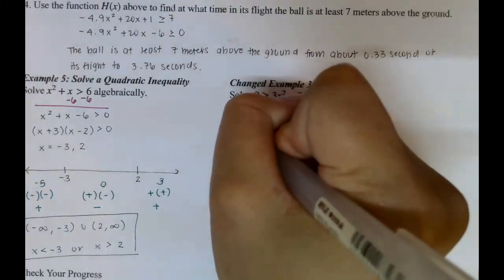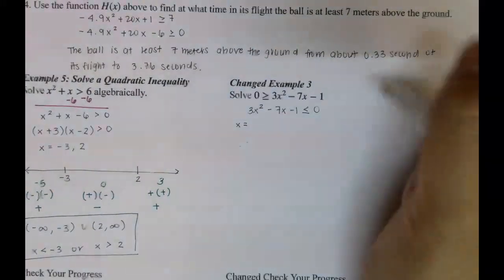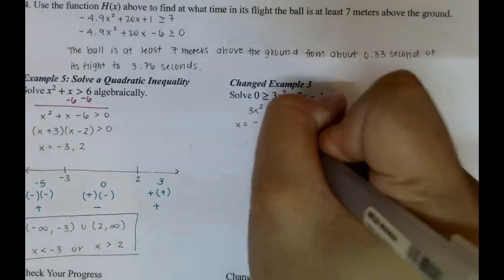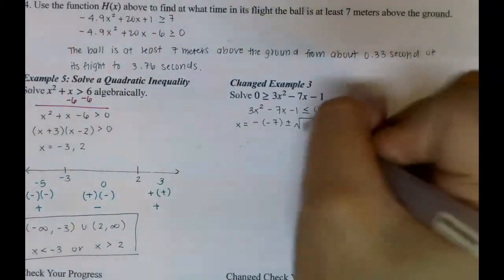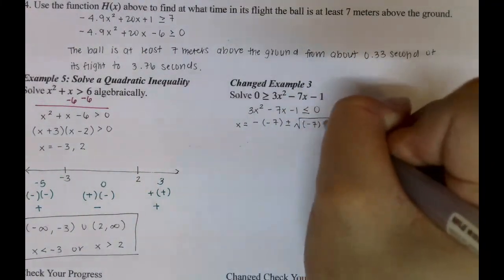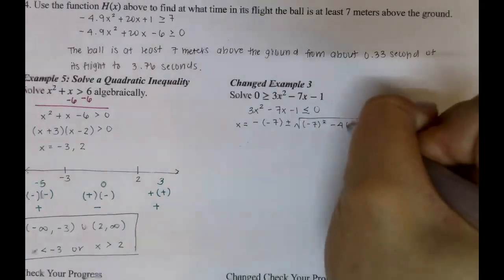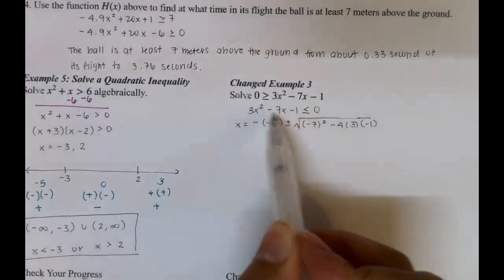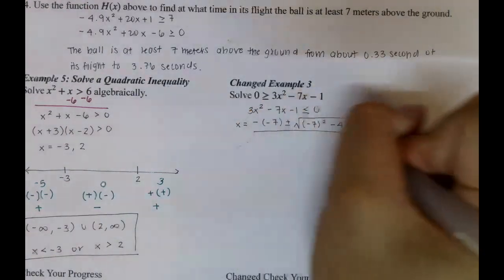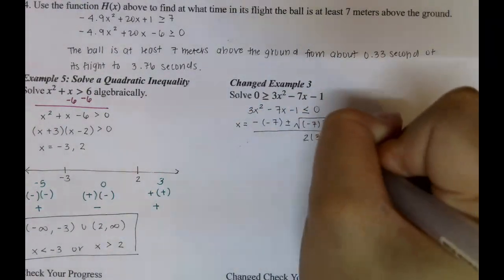I'm going to use the quadratic formula. So x equals negative b, so negative 7, plus or minus square root b squared, negative 7 squared, minus 4 times a, which is 3, times c, which is negative 1, all over 2 times a.